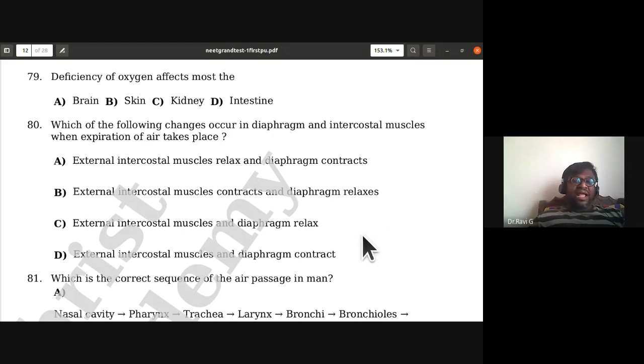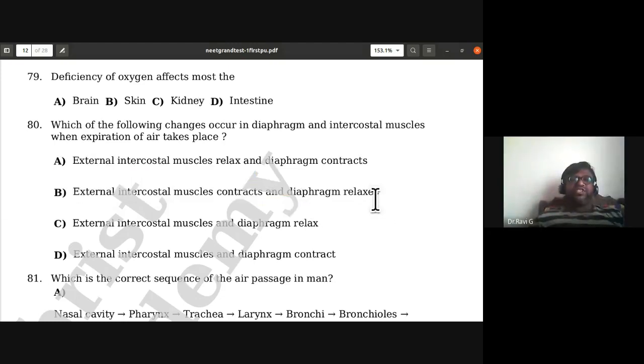They are not going to relax, they are going to contract. Okay. So when expiration of air takes place, expiration is exhalation of air. So the 80th, the answer B is correct. No, nothing is wrong here.